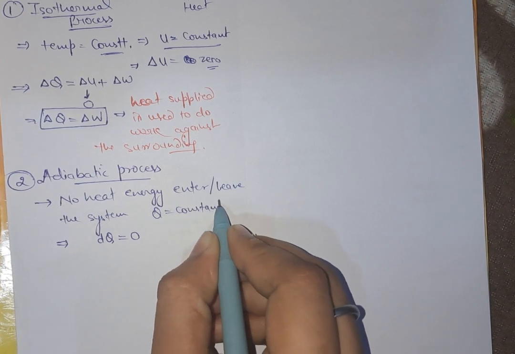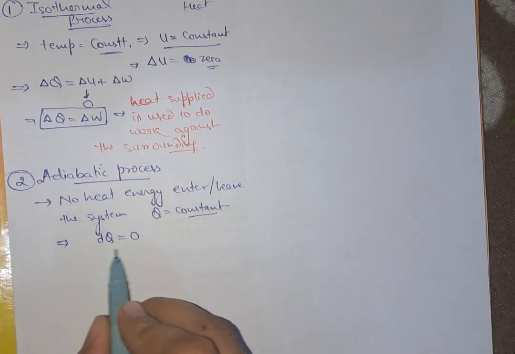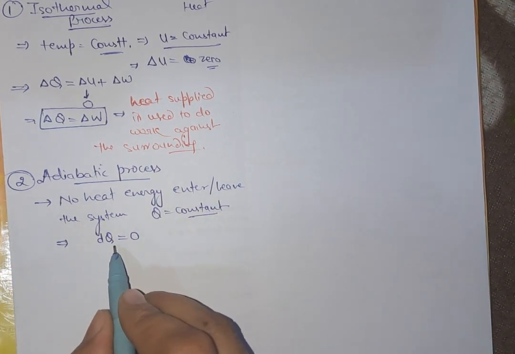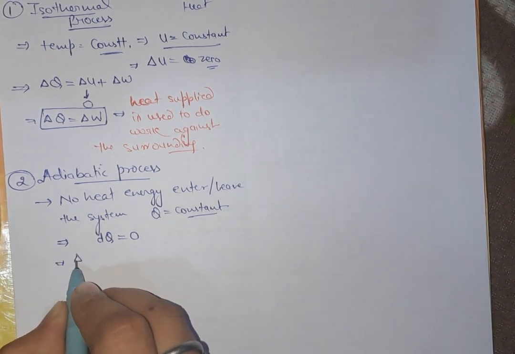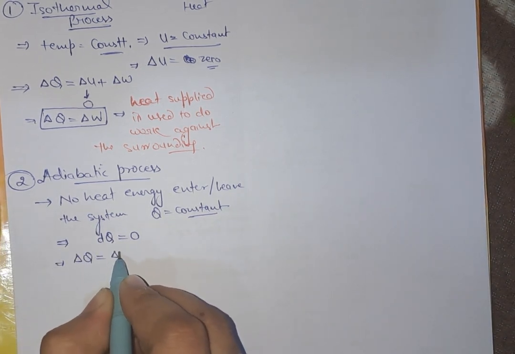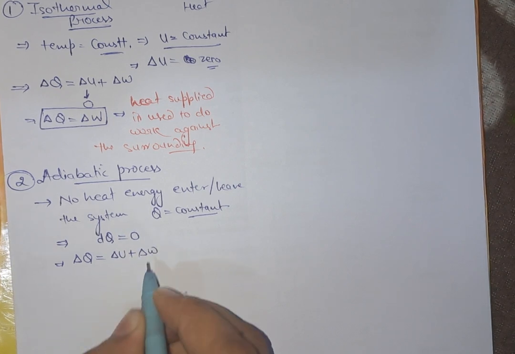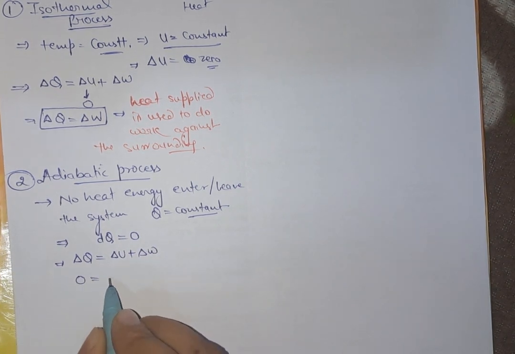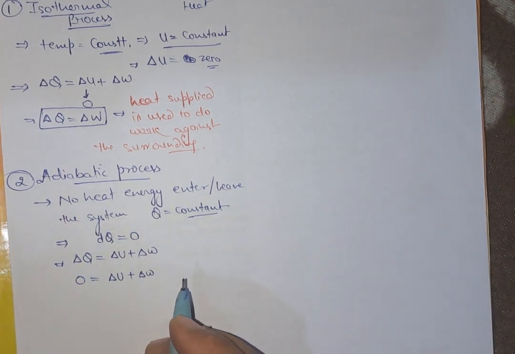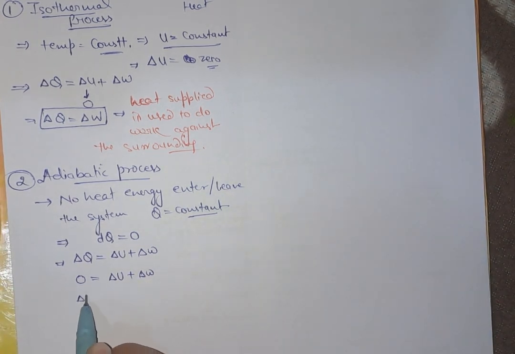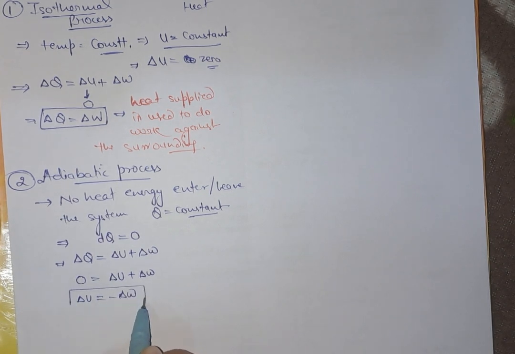So there would be no change in heat, and the change in heat could be shown as 0. Which means delta Q is equal to delta U plus delta W, and this becomes 0. So delta U plus delta W is equal to 0, which means delta U is equal to minus delta W.